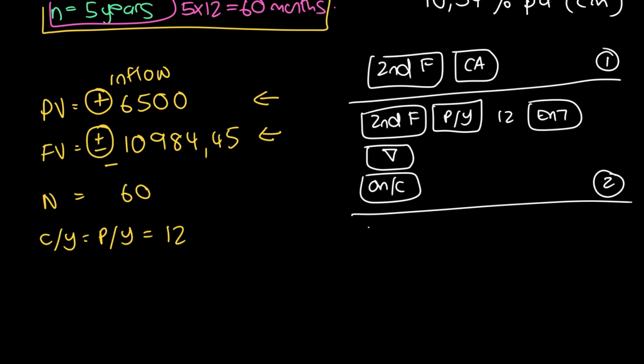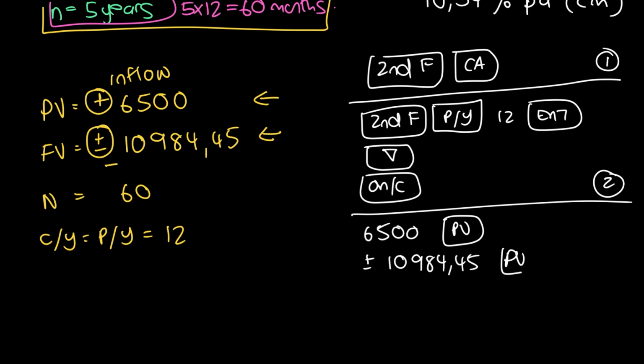Stage 3 is everything else. So that's going to be 6,500 Rand PV, plus minus 10,984.45 future value. I recognize that my handwriting is horrible there, so let's just rewrite it so you can see that that is an F. And a reminder, once again, that plus minus is representing the negative.